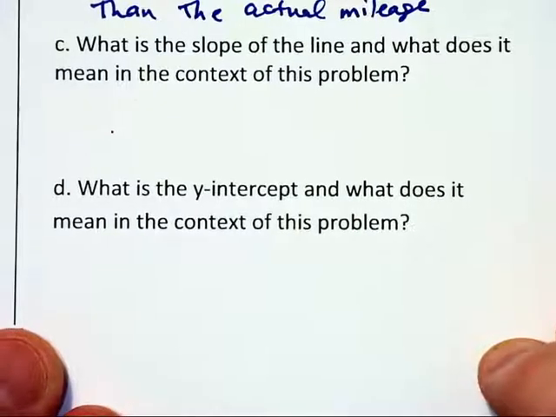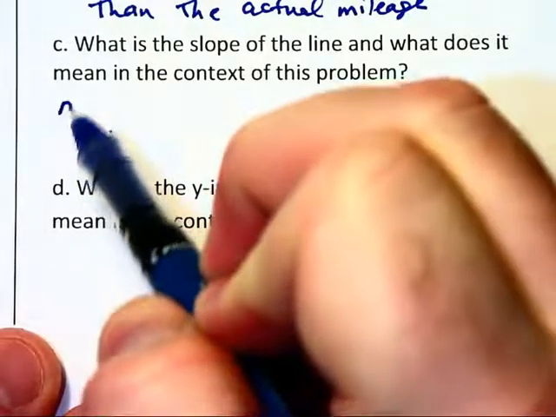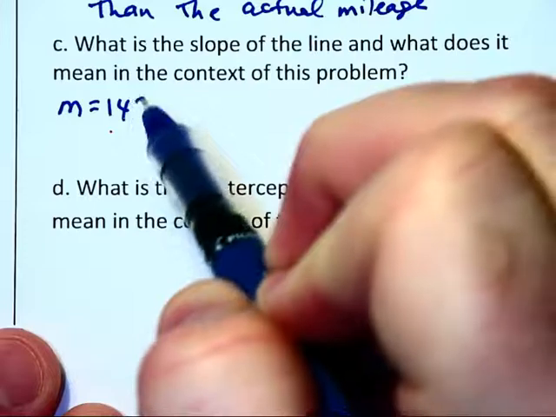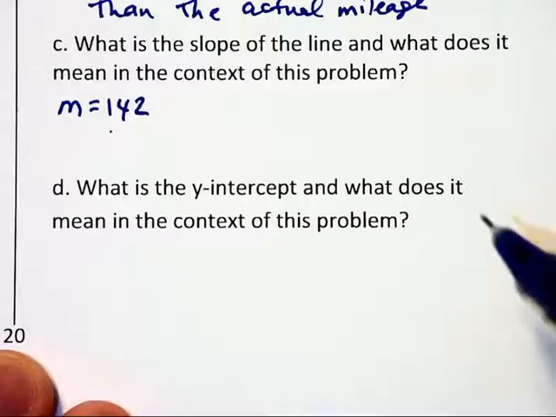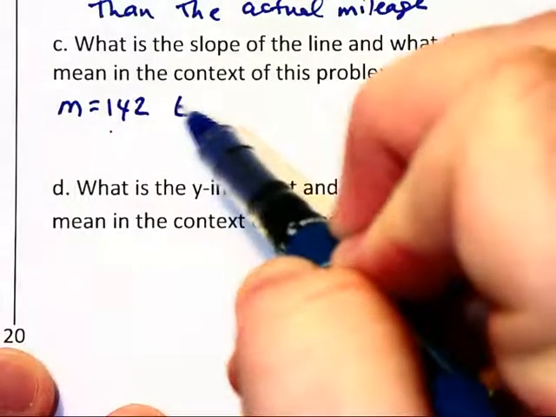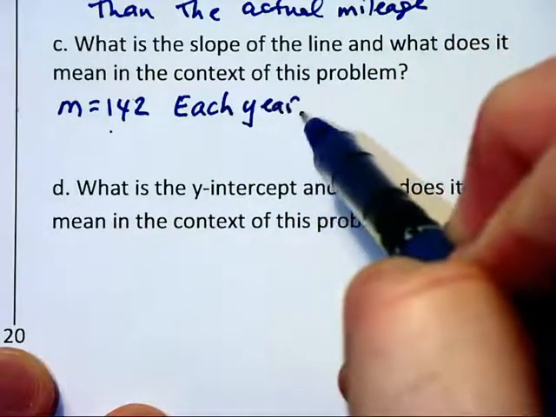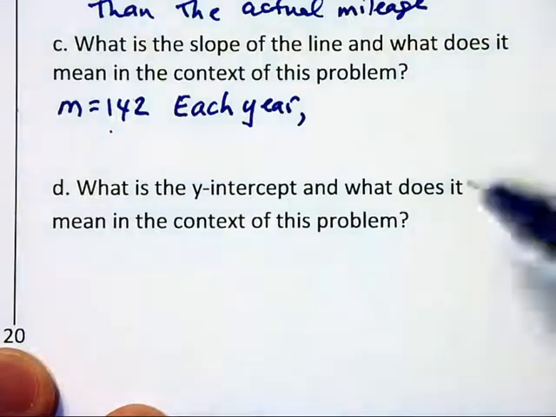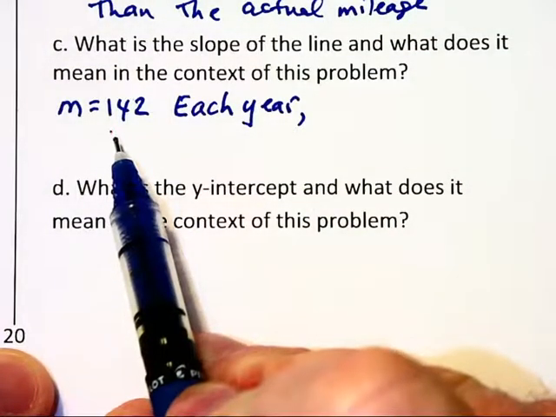Now, they're asking us what is the slope of the line. Well, that is m equals 142. And what does it mean in the context? Well, I need a rise and a run, and the run is referring to the years. So I'm going to say each year, right off the bat, that is going to describe the run. And then I want to talk about the rise. Well, 142 is a positive number.